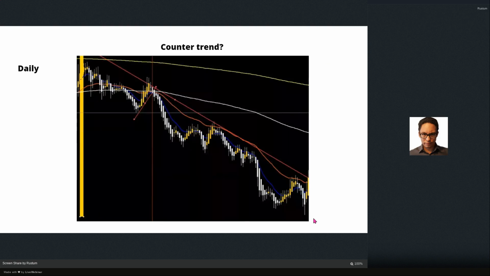Okay, so do we trade counter trending, or do we trade with the trend? This is going to be a daily chart now. Normally our daily chart is the chart that we would like to trade alongside. So we're trading with the trend.